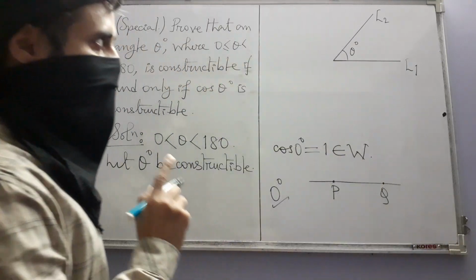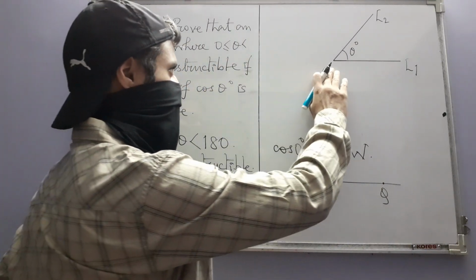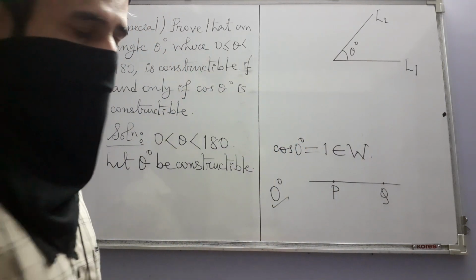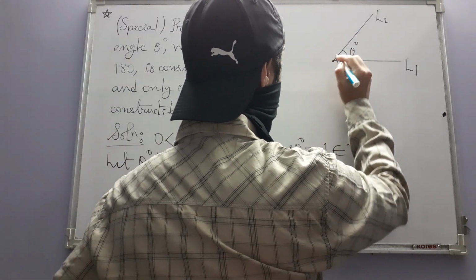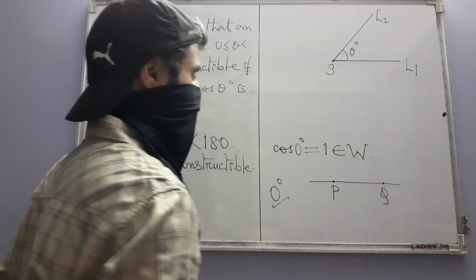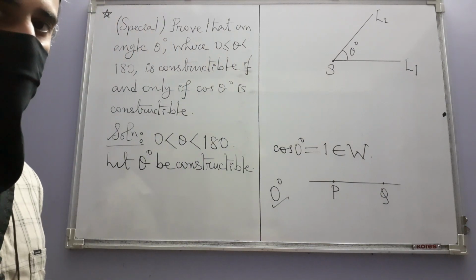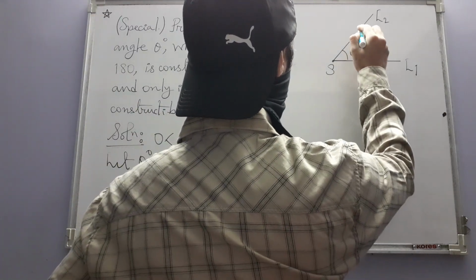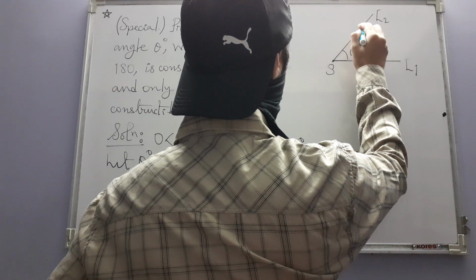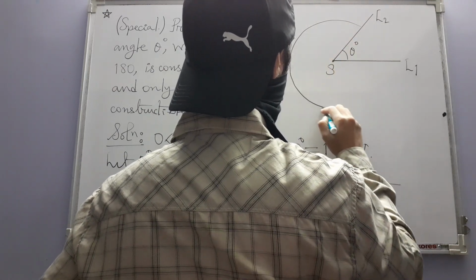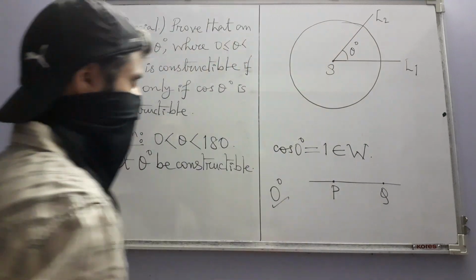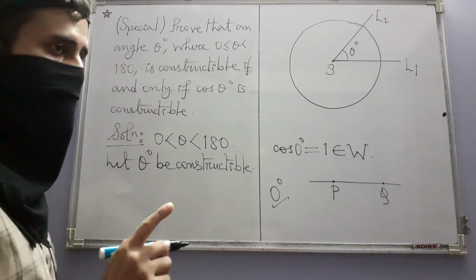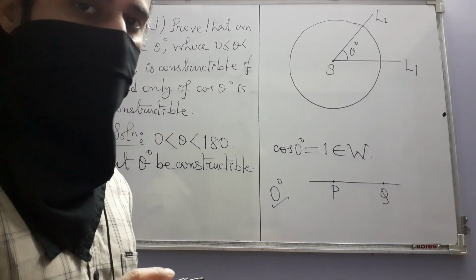Alright, so now what happens? We also know that when two constructible lines intersect, then their point of intersection is also by definition constructible. So this S is constructible. Let's call this point S. Alright. So S is a constructible point. Now let us draw, I don't know if I will be able to do it properly, but you get the idea, a circle whose center is S and whose radius is 1, say.